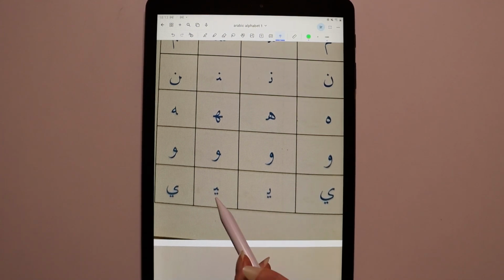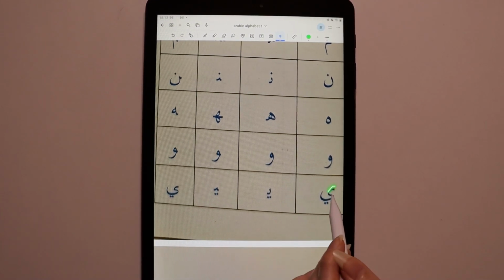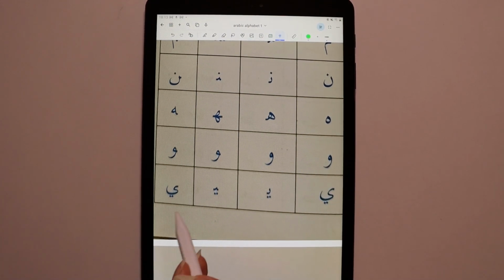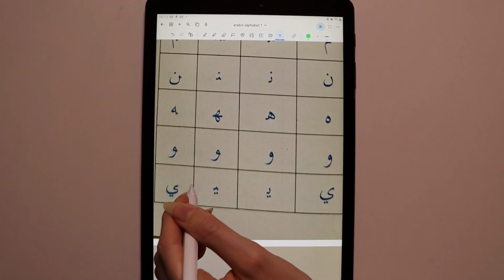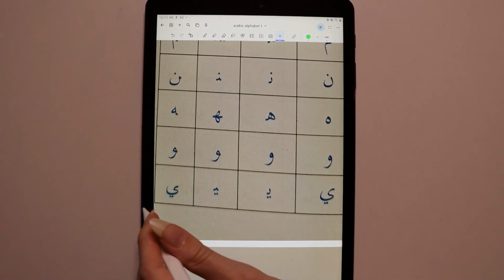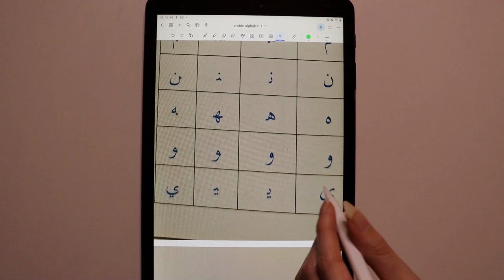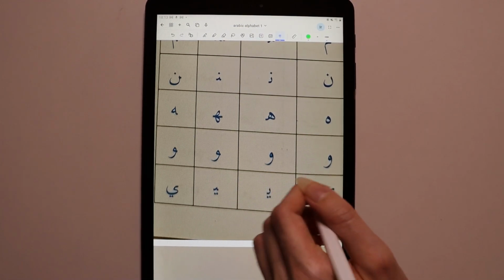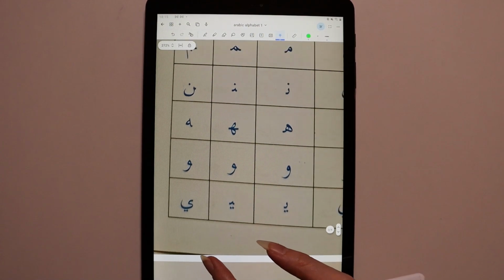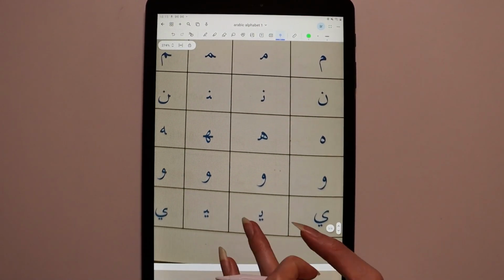But the other forms, the isolated form and the end form, look different. The end form, the ya, is written really down in the line. So if you come from another letter, you will really go down in the line when you are writing, and then the ya comes. But yeah, that's ya.